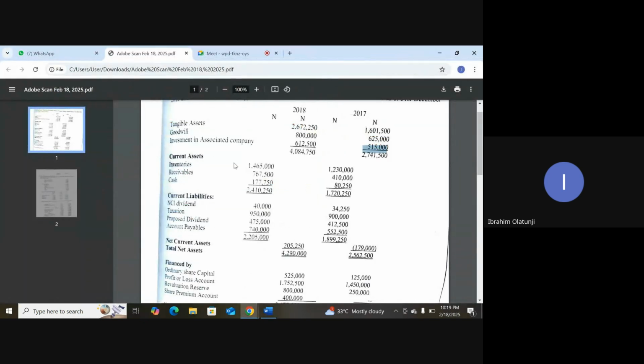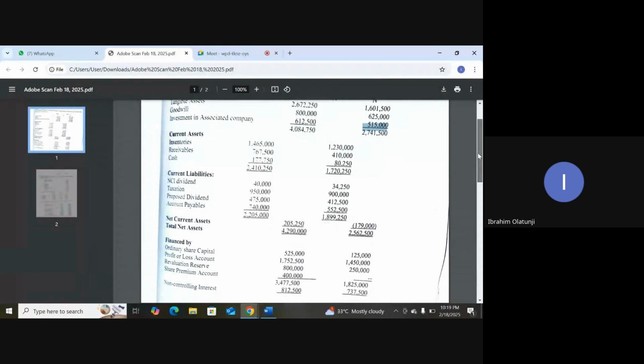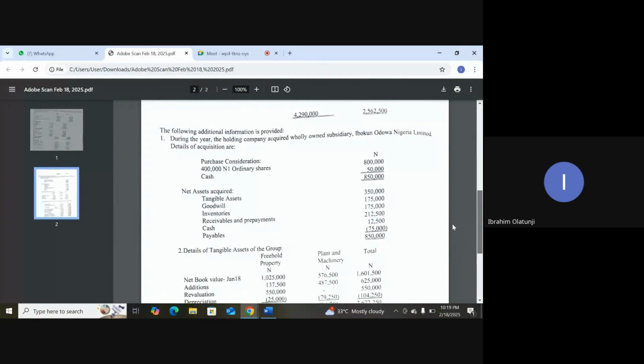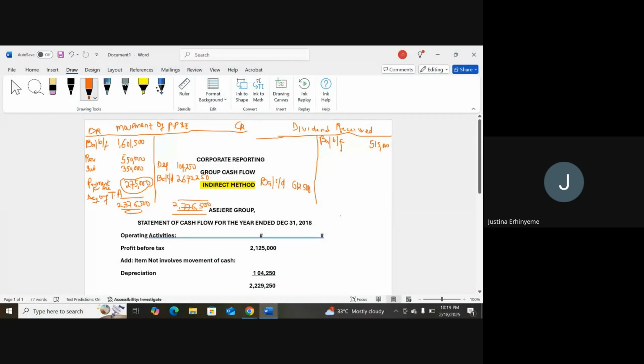Then, aside from that, we move again to associate. We have profit from associate company. How much is that? 300. 300. That's a profit from associate company.